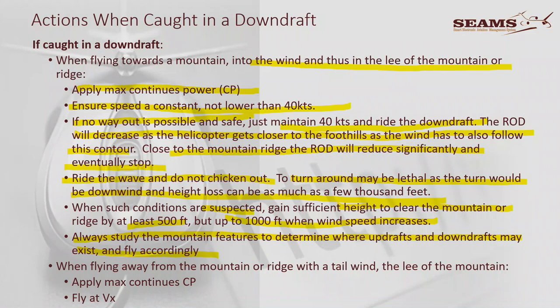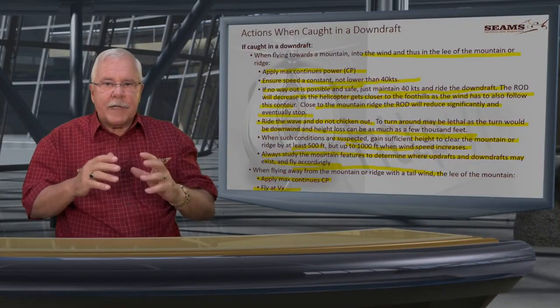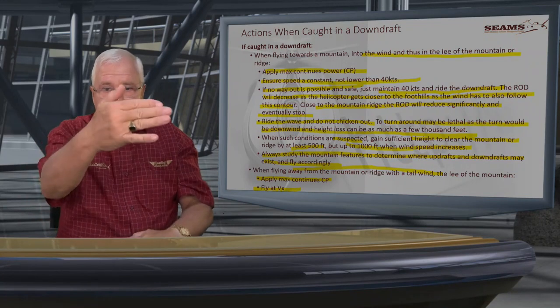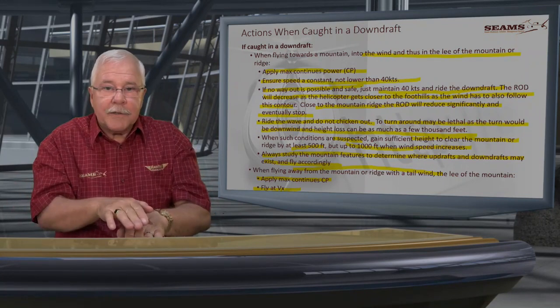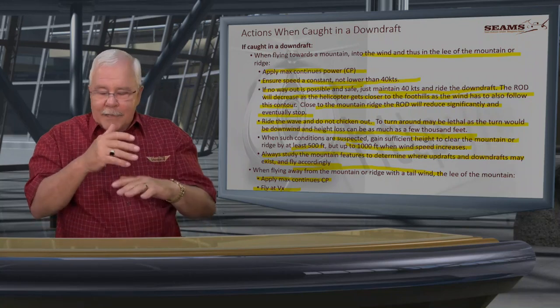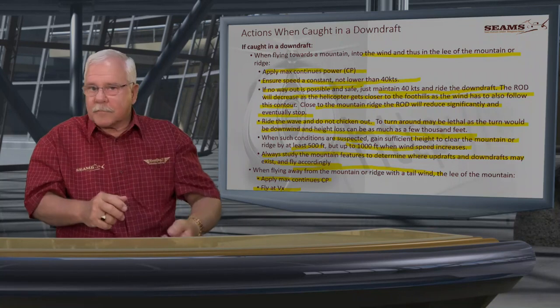When flying away from the mountain ridge with the tailwind, in the lee of the mountain, apply max continuous power and fly at VX, and you should get away. Let me just go back and reiterate. What I said is, if you're flying towards a mountain and there's obviously wind dropping over, and all of a sudden you are caught in the downdraft, you haven't got enough height to turn around, there is no possibility.